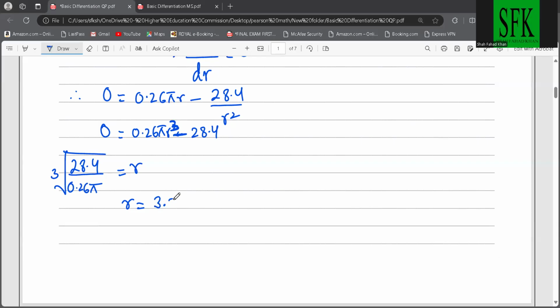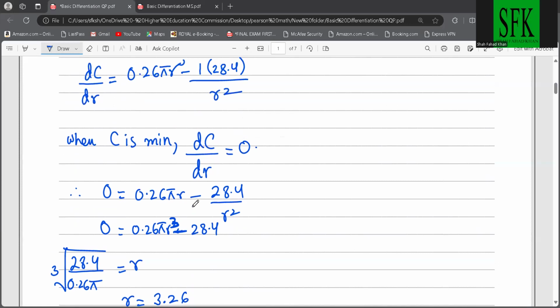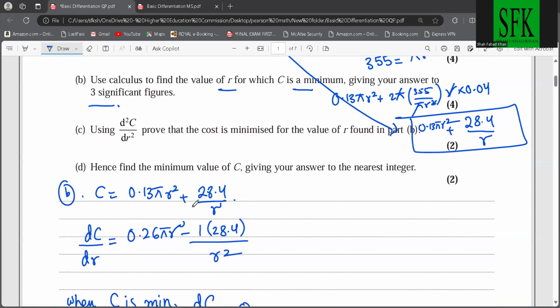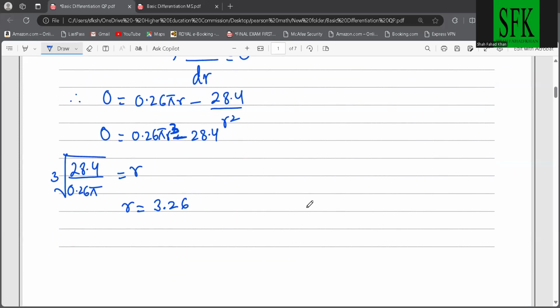R turns out to be 3.263, but we'll keep it as 3.26 because we need the answer to 3 significant figures, in centimeters.